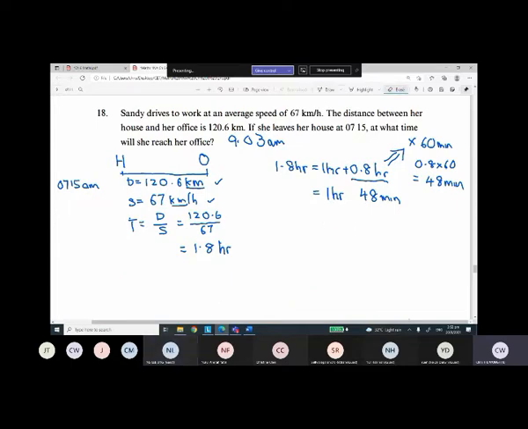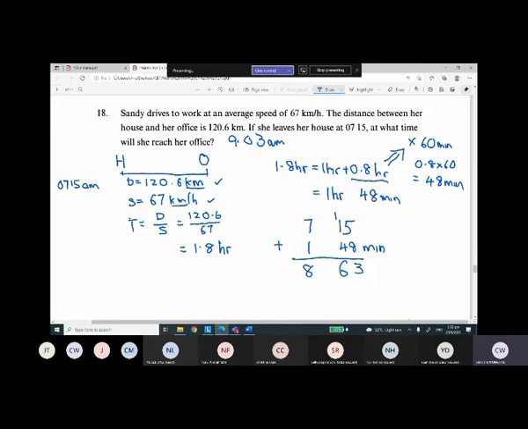So what you need to do is, I'm going to write down, 7:15 a.m. You're going to add 1 hour plus 48 minutes here. So what do you have? Add up together: 15 plus 48 is 63, and then 7 plus 1 is 8.